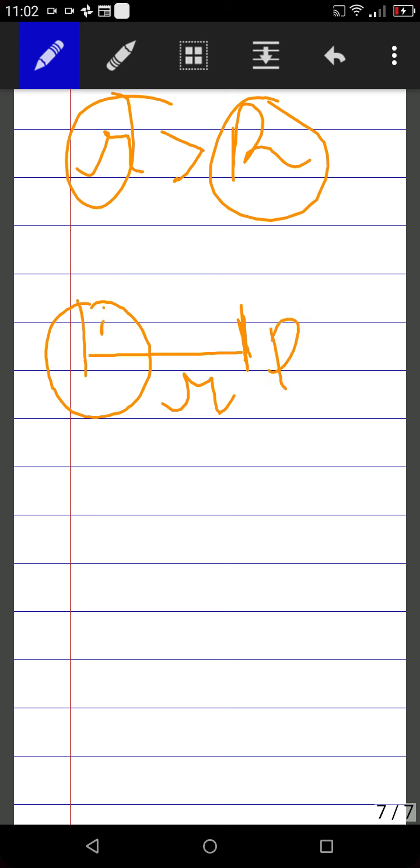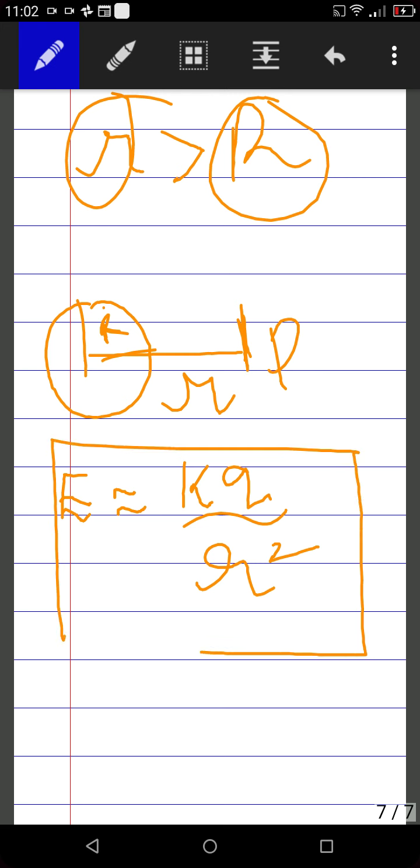This distance is r. E is equal to kQ by r square. I am not doing the integration part, I am just telling the formula. E is equal to kQ by r square in the case of an outside point.